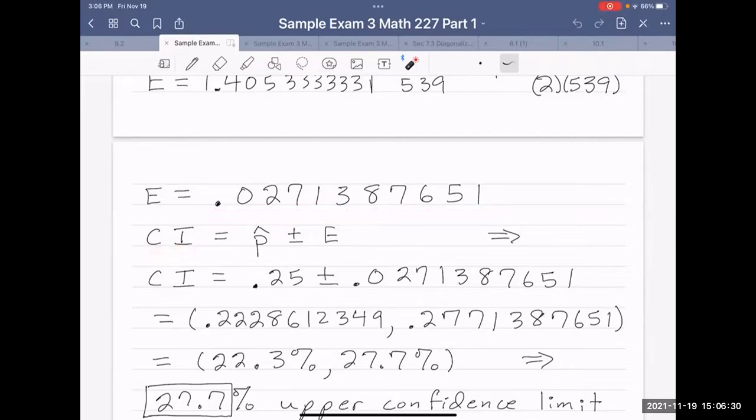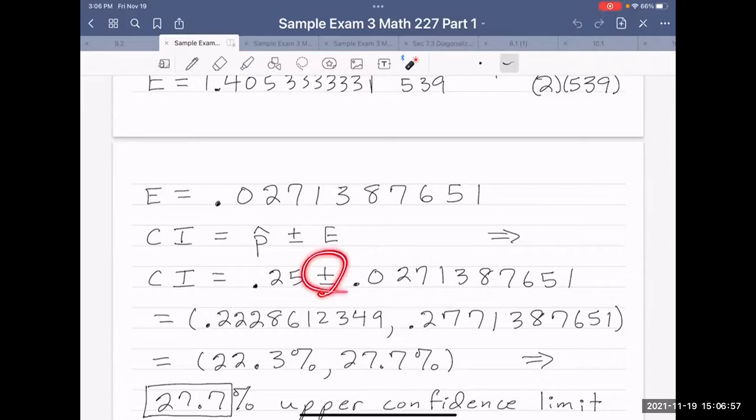And so my confidence interval is the sample proportion, 0.25, plus or minus my error, 0.027138761. If I subtract these, I get 0.222861239.